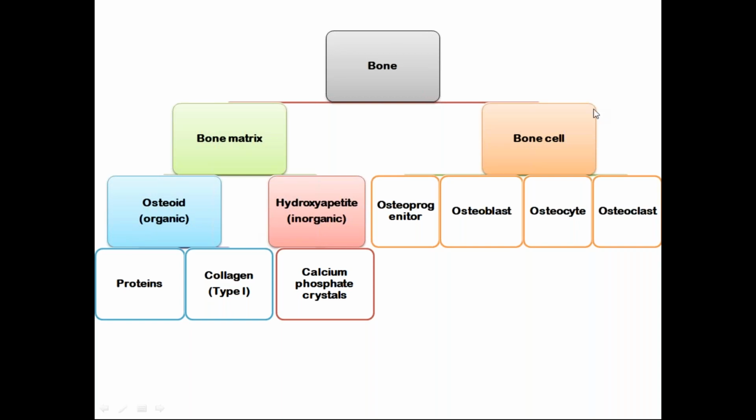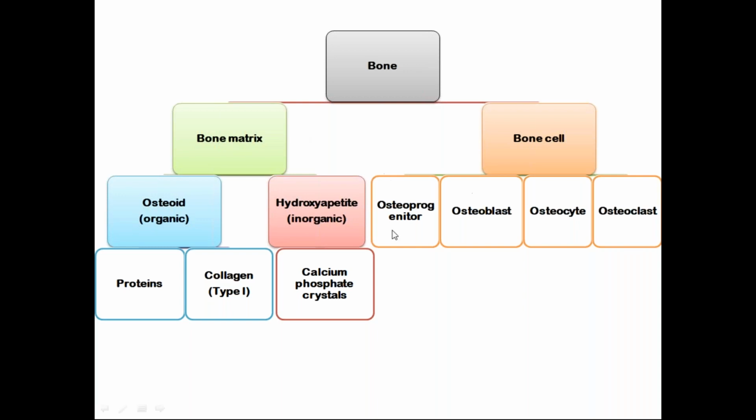Now, what is the important thing? The sand material which is present in that liquid portion, that is the cells. So already we have told that there are 4 types of cells: osteoprogenitor cells, osteoblast cells, osteocyte, and osteoclast. You should remember the names of all these 4 things.